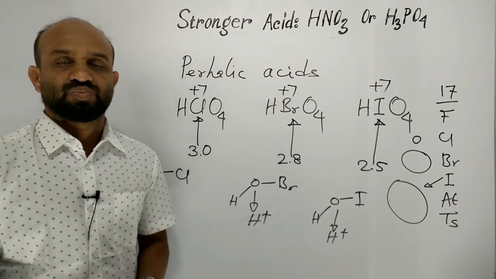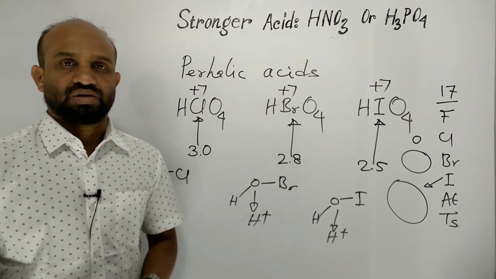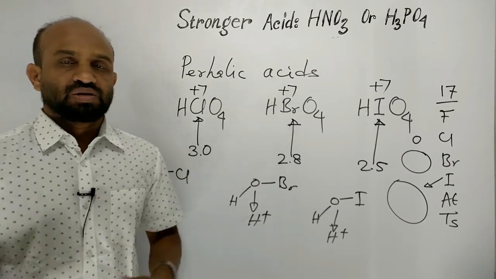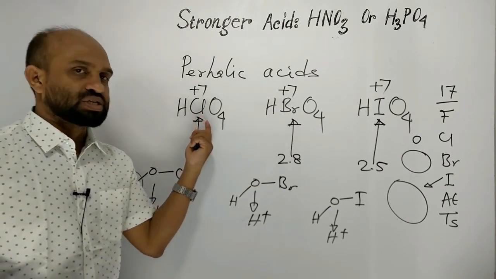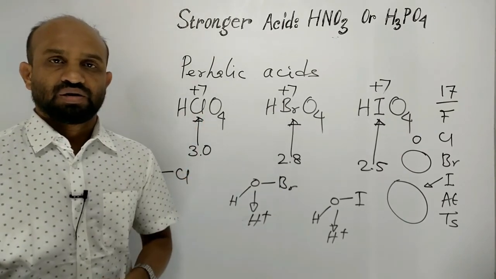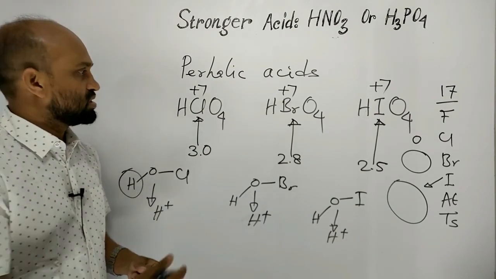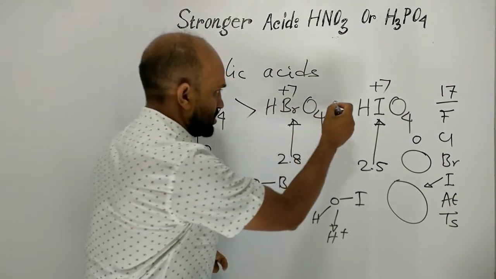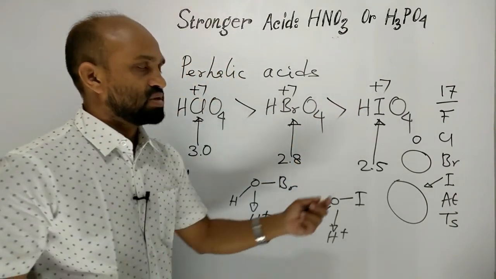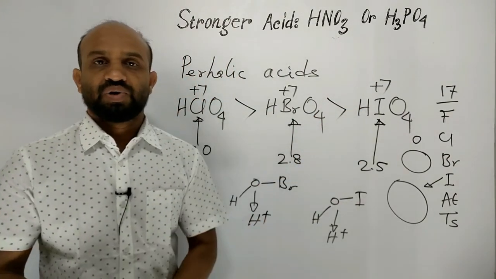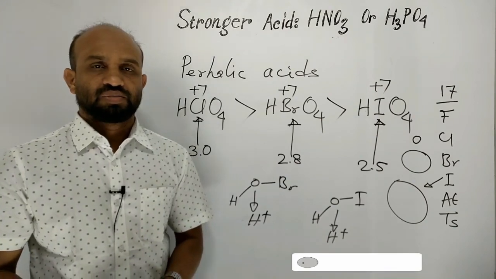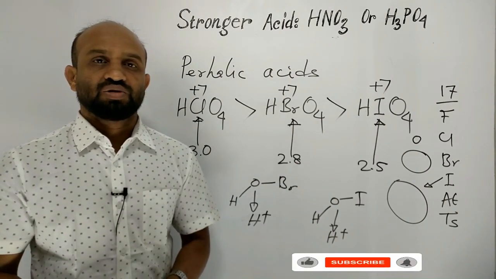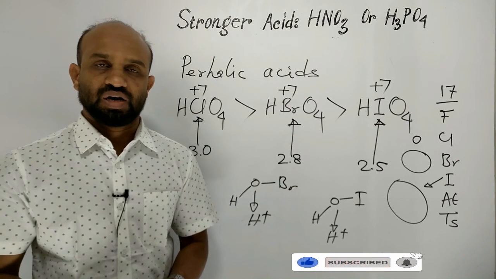It produces proton laboriously. From the consideration of charge density and electronegativity, perchloric acid is stronger than perbromic acid, and finally periodic acid. This is about the strength of perhalic acids.